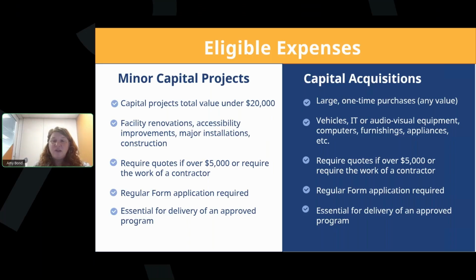Include it as in the use of funds and in the program description. Tell us what the reason is. Why is it essential to the program? Include the amount requested for the specific purchase in the use of funds field. You can't apply for minor capital projects or acquisitions on their own. It has to be tied to program delivery.